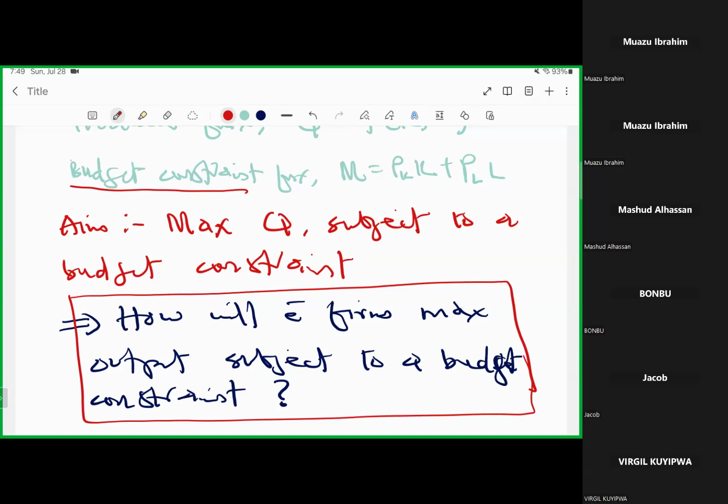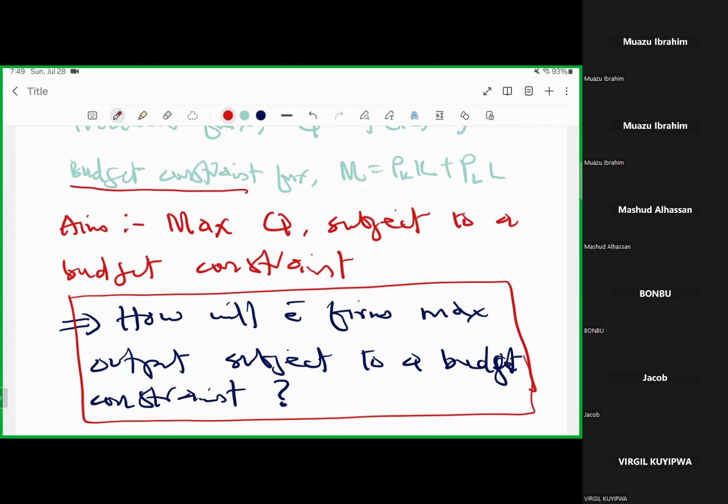Even at the individual level, how will you be able to maximize your utility subject to your budget constraint? Because as a person, you are limited by income. A firm is also talking about how to maximize profit subject to a budget constraint.